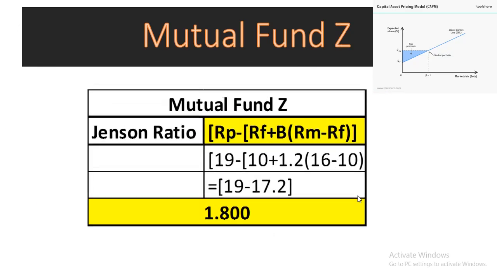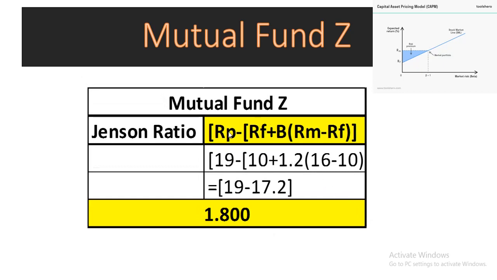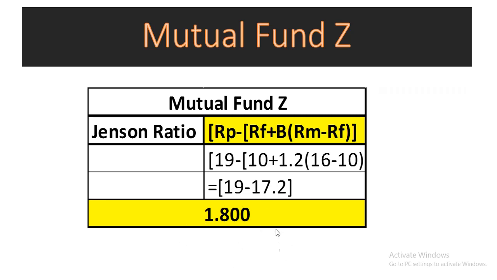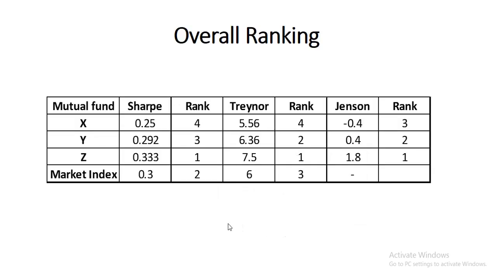And for mutual fund Z, 19% it is actually giving, and as compared to standard, it should give only 17.2. So that means it gives 1.8% return extra. So this is called actual, which is actually what they are giving, and this is standard, which they should give as compared to the risk it involves. So mutual fund Z is giving 1.8% extra return.